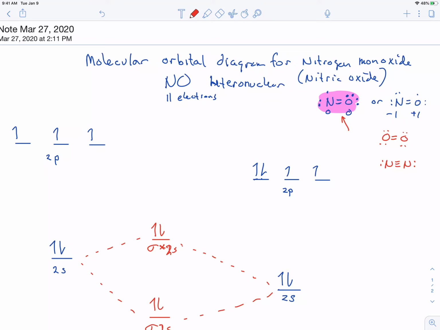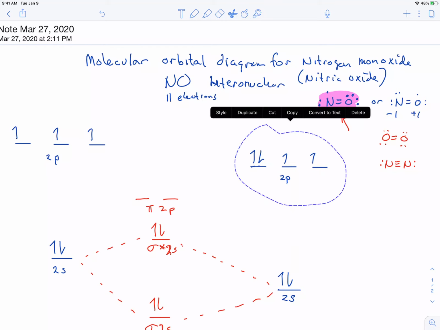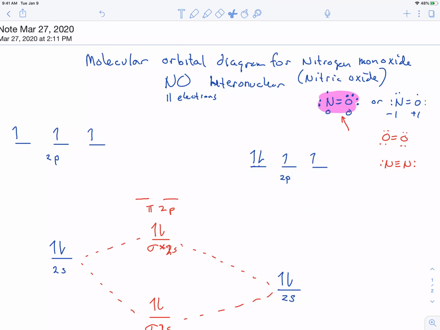All right, so first comes pi 2p. Then comes sigma, and I need to raise the oxygen just a little bit here. It's still lower than nitrogen. So next we have sigma 2p.